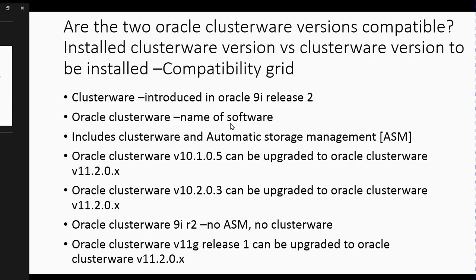That's the reason I separated these two, because the old Oracle technology did not package them together. They were separate entities. Now they're just one, and you install the clusterware and the ASM at the same time.